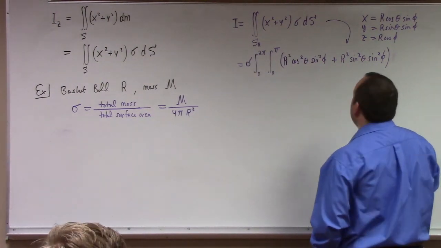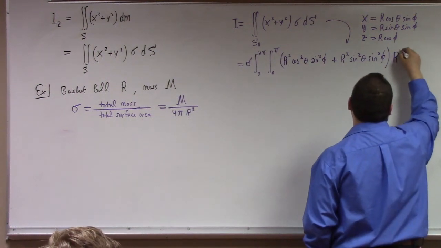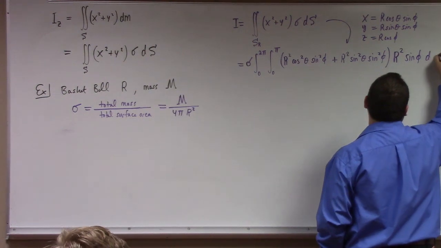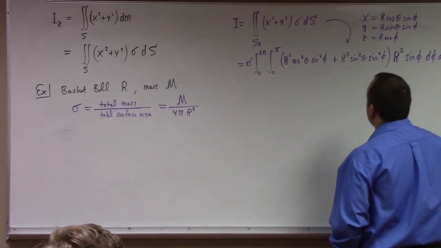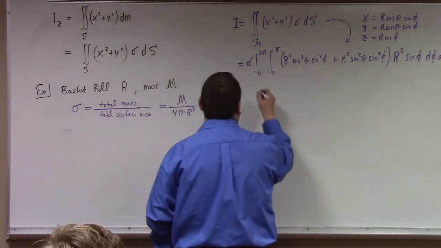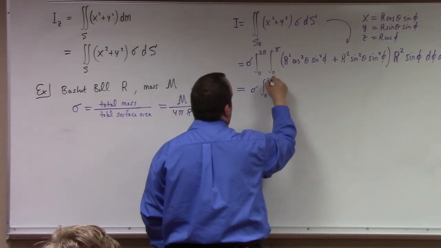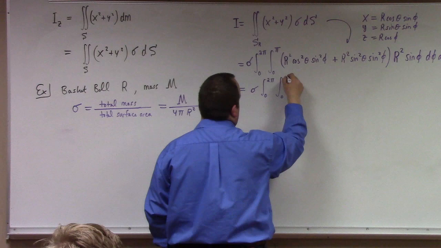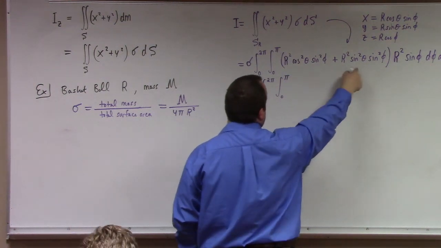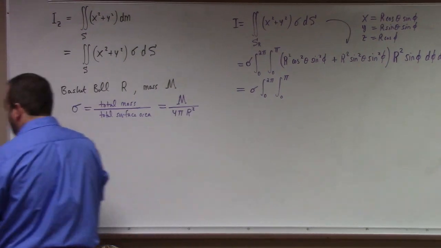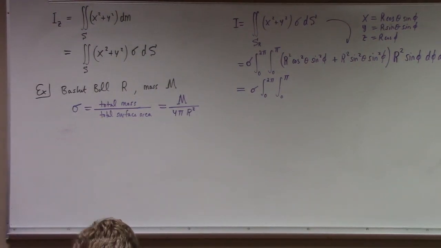And then what we got? Oh, the ds. The ds, remember, is r squared sine phi d phi d theta. Now, you guys can tell me, this is actually what? And what's a lazier way we could have done this calculation?